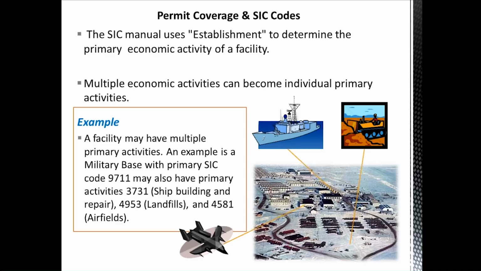Well, it's when you do something where you can draw a line around it, basically, that is a primary enough activity that you look like something that isn't a military base. So if you put a line around this shipbuilding, you'd look just like a shipbuilder at a port or something of that nature.